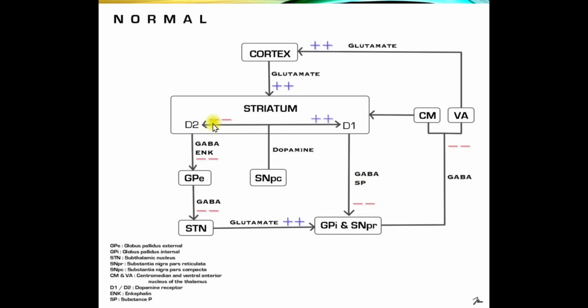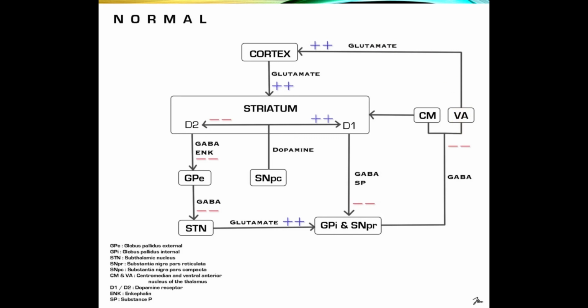Whereas the indirect pathway, there are a couple of extra steps through the external segment of the globus pallidus, the subthalamic nucleus, and then to GPi and the pars reticulata of the substantia nigra. GABA is inhibitory on the ventral anterior nucleus, and then glutamate is stimulatory.